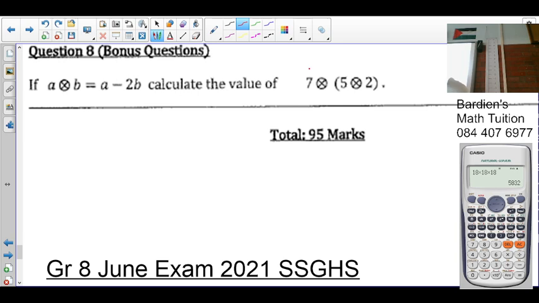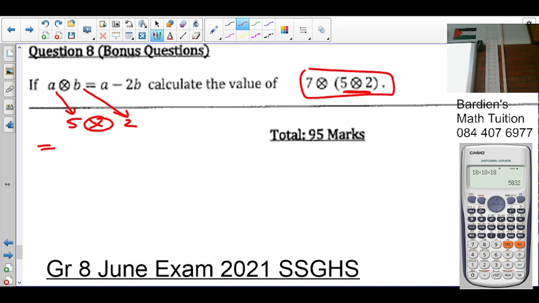So what must be done first here? The brackets. So it's 5 some mathematical operation 2. Now, what is in A's place? 5. Can you see that? So in A's place is 5. In B's place? 2. So in A's place must go 5 minus 2 times 2.